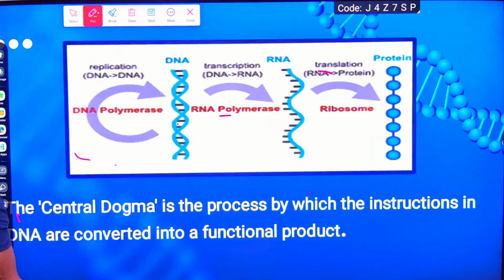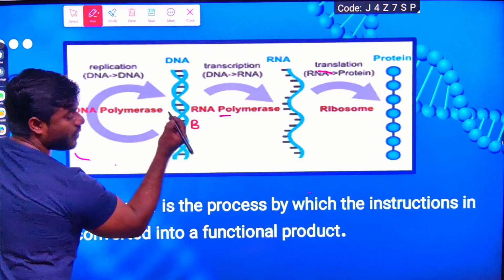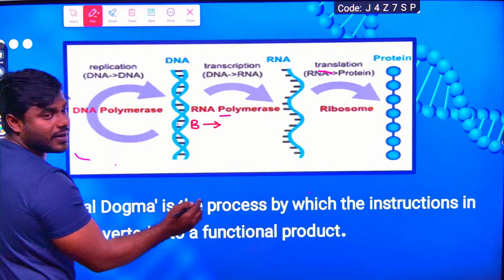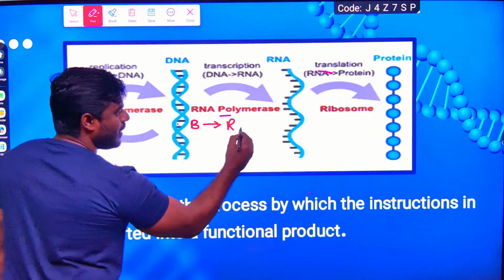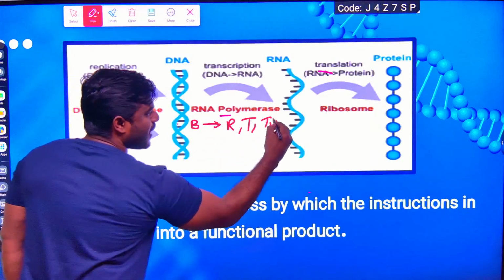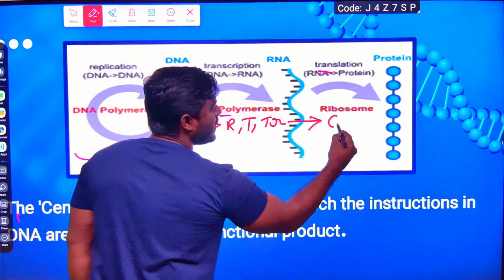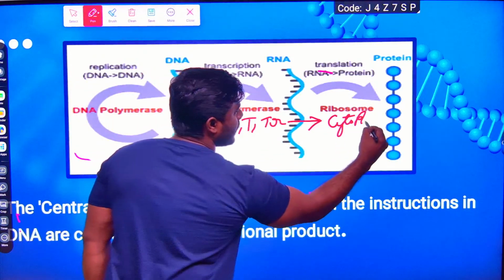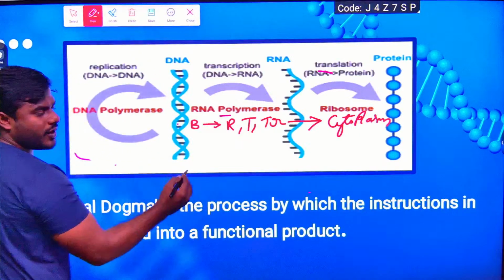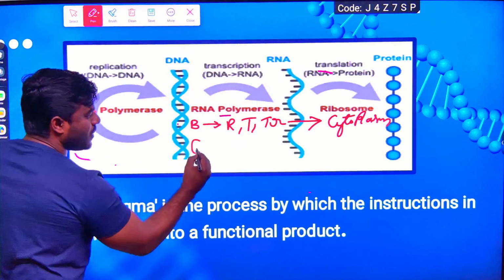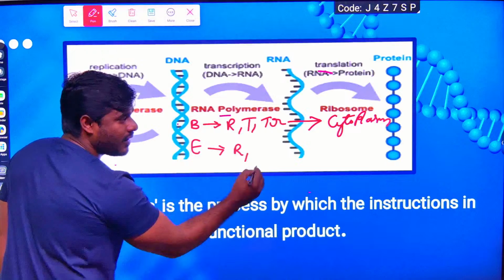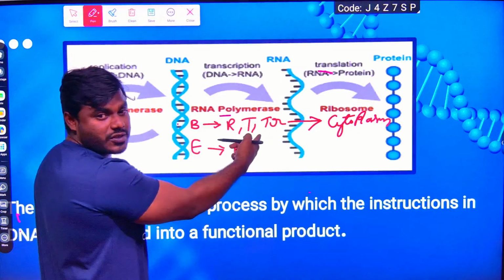So when it comes to the conclusion, in case of bacteria this is only important: replication, transcription, translation, all are happening in the cytoplasm, no doubt about it. When you look into the eukaryotes, replication, and is there any post-transcriptional process in prokaryotes?